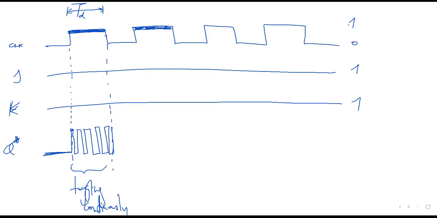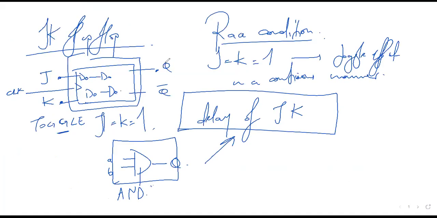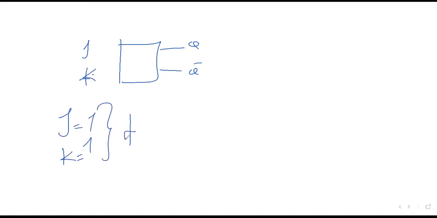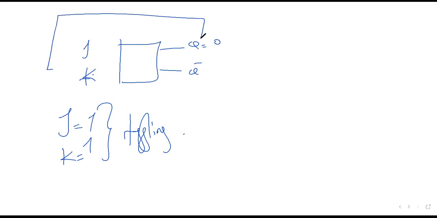This is what we call toggling continuously. Why are we toggling continuously? Because of the delay, the time to get an output. What happens with my JK? I have J, K, Q, Q bar. My J is equal to 1, K is equal to 1. This is toggling. As soon as I get an output, starting with Q equal to 0, it is fed back here.